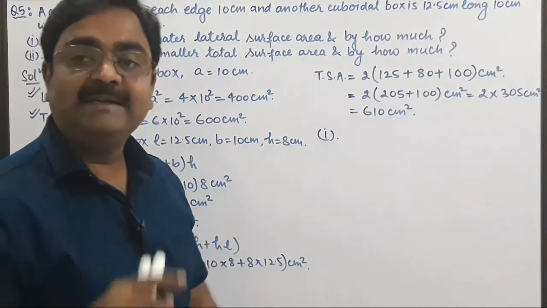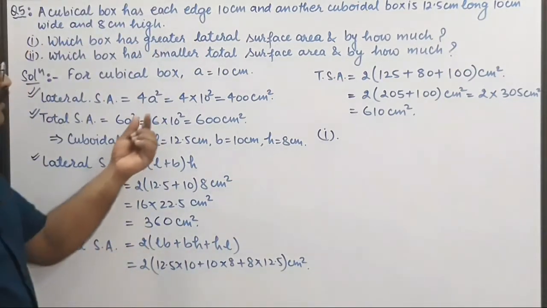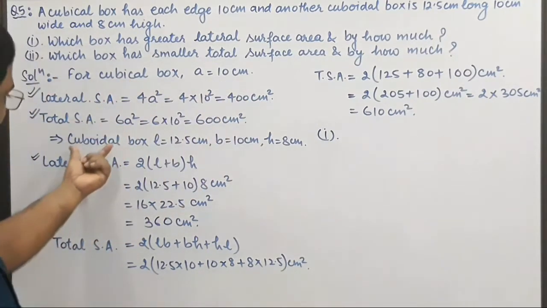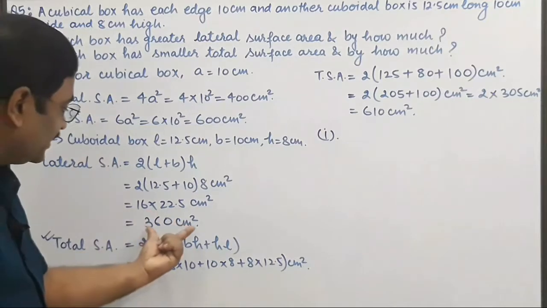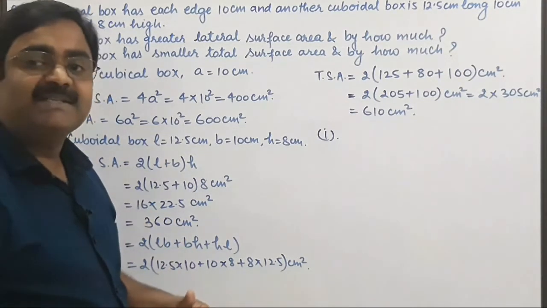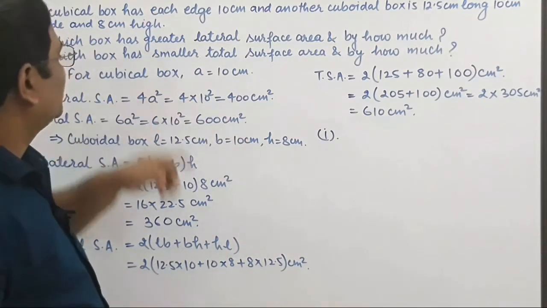Which box has greater lateral surface area? So let us see the lateral surface area of both. For cubical box, lateral surface area is 400. For cuboidal box, lateral surface area is 360. So the greater lateral surface area has cubical box.